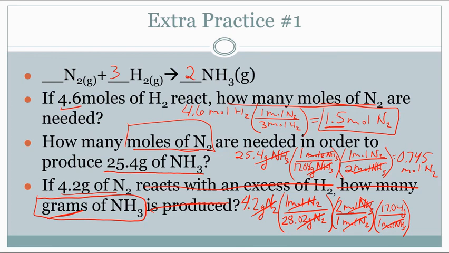So 4.2 divided by 28.02, it's divided by because it's in the denominator, equals times 2 equals times 17.04 equals. So that's going to end up giving me a value of 5.10835. So 5.11 grams of NH3.